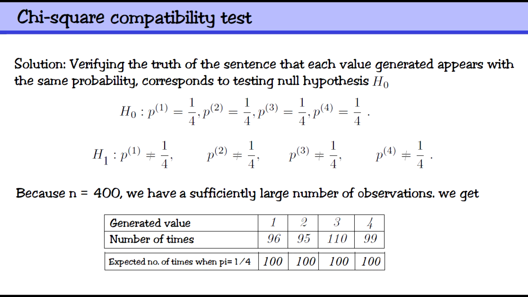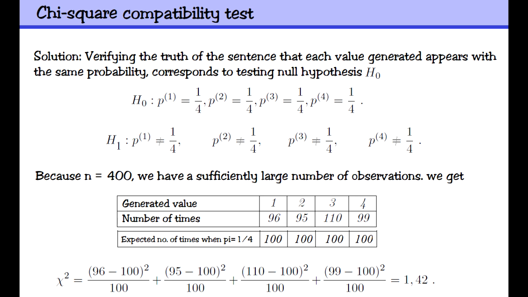We have the number of times each value was generated. It is good to find the expected number of generations when assuming that all the probabilities are 1/4. So if all the probabilities are 1/4, we should expect 100 for each value, more or less. Okay, now we have to find the chi-squared.